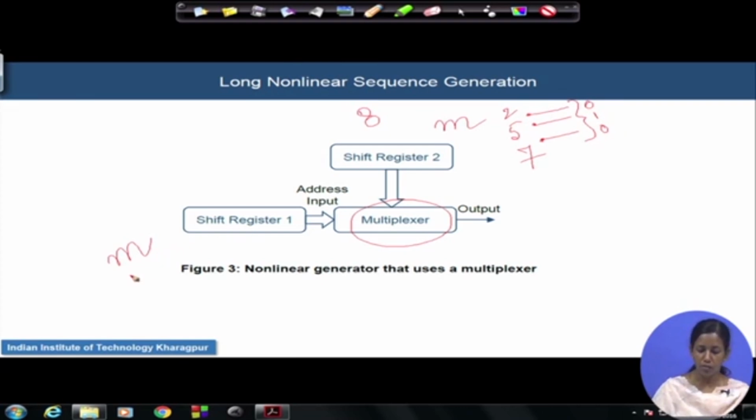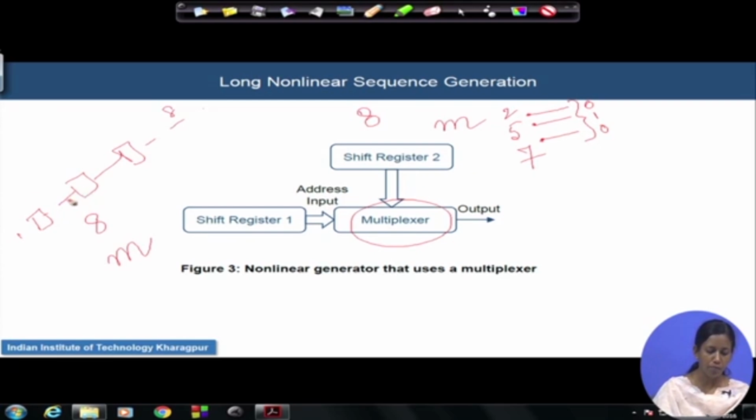In this shift register also there are 8 stages, going from 1 to 8, and the address is 0, 1, 0, so the stage number 2 value is being asked for.